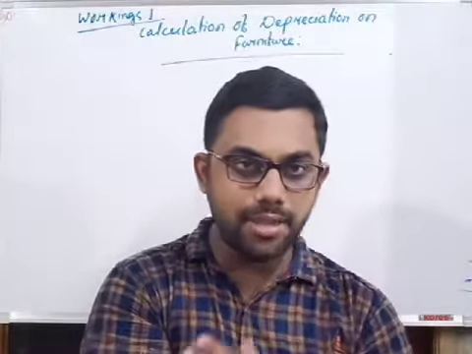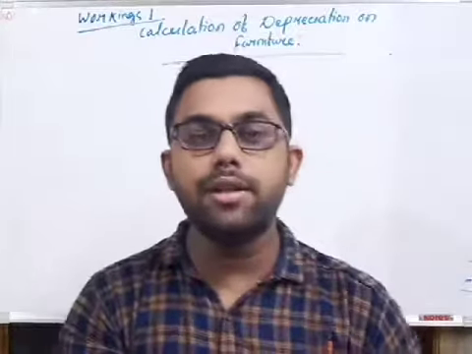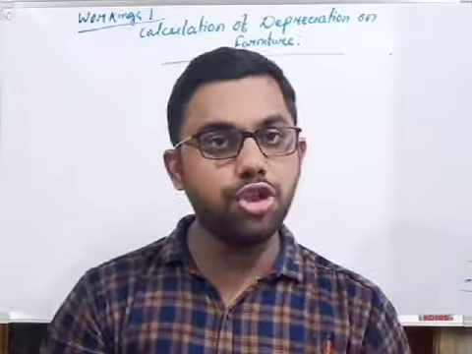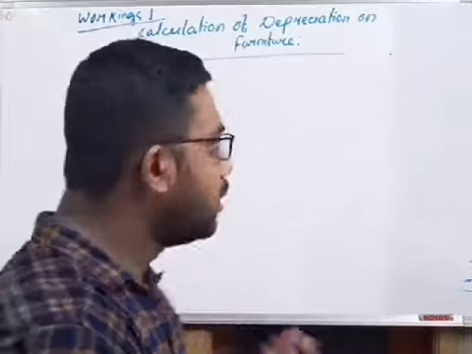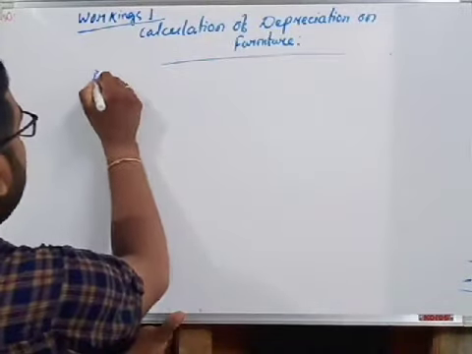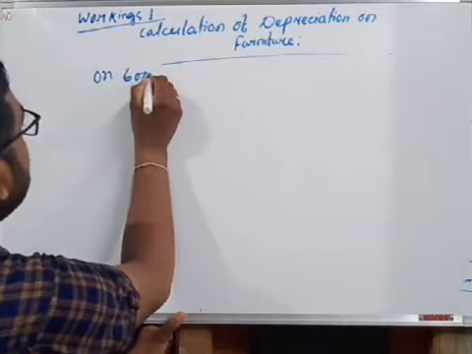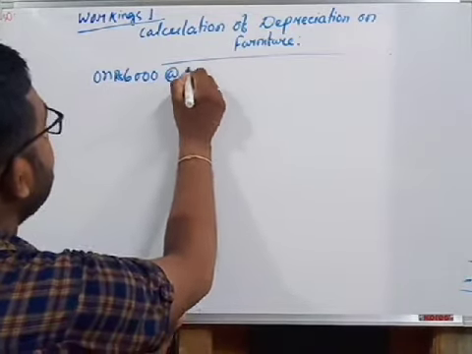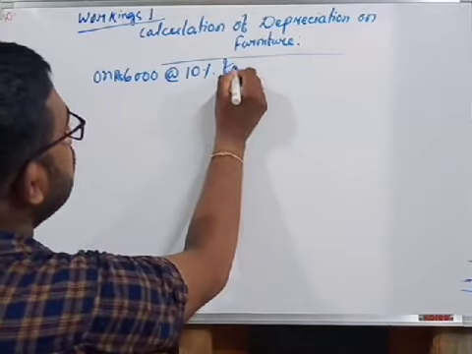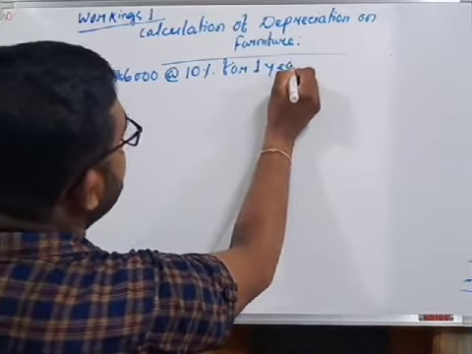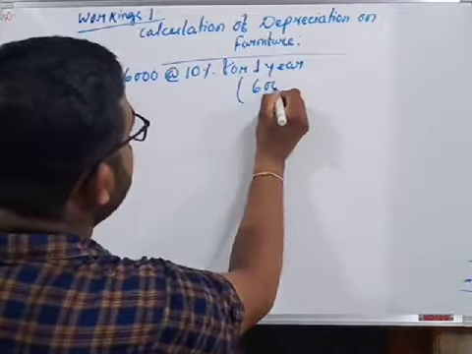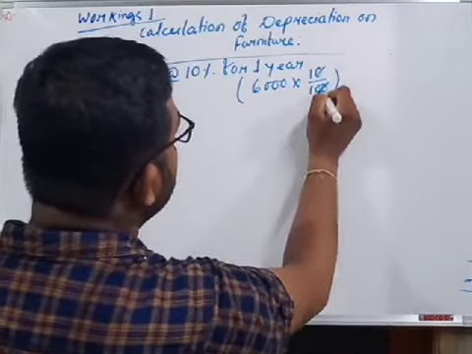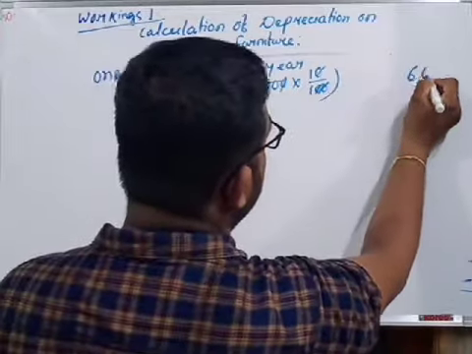So the rupees 6,000 value of furniture will be used by the non-trading organization for the whole year. So on rupees 6,000 we have to charge depreciation for the whole year. So we will write on rupees 6,000 at the rate 10% for 1 year. 6,000 into 10 by 100. It is 600.